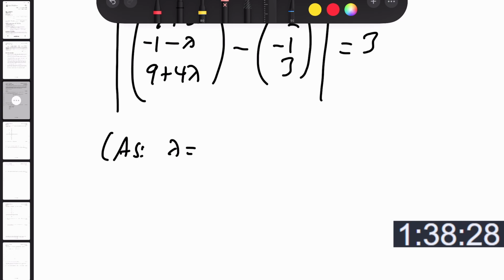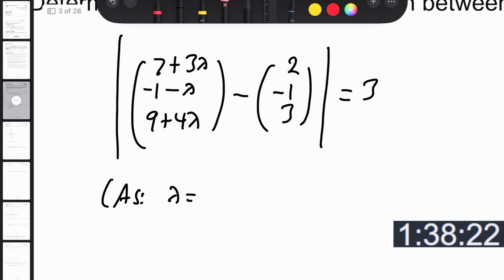So we need to solve for dot product between u, so 7 plus 3x, negative 1 minus x, 9 plus 4x. Actually, no, this isn't a dot product. I'm going to solve for the normal of this. 7 plus 3x, negative 1 minus x, 9 plus 4x, minus 2, negative 1, 3.